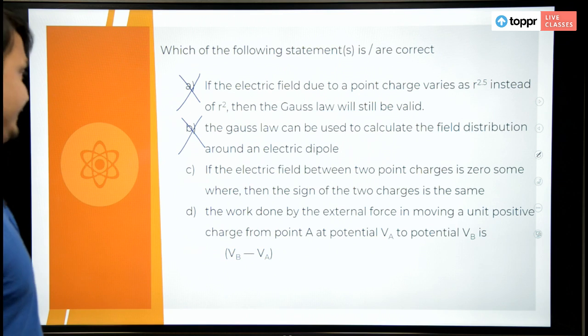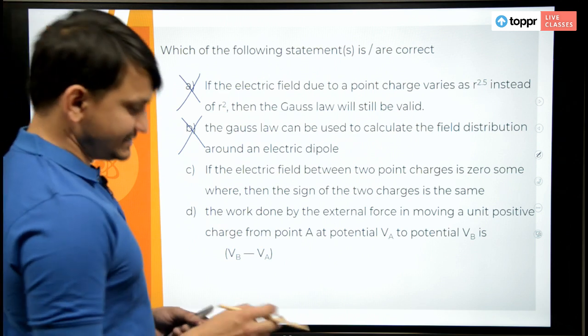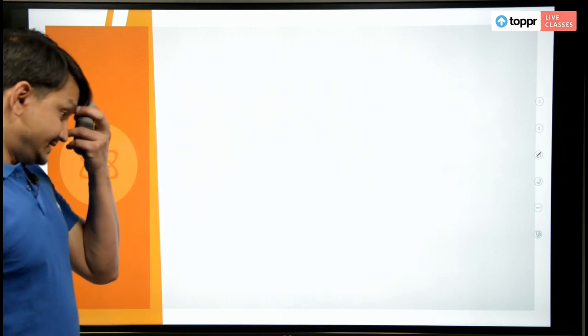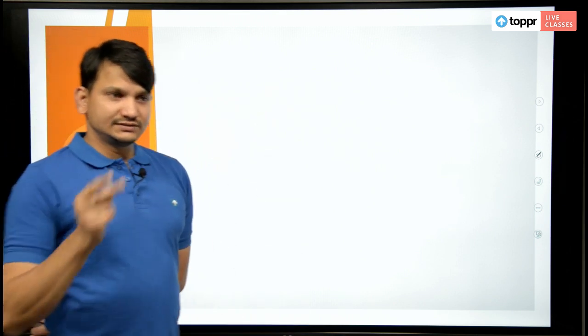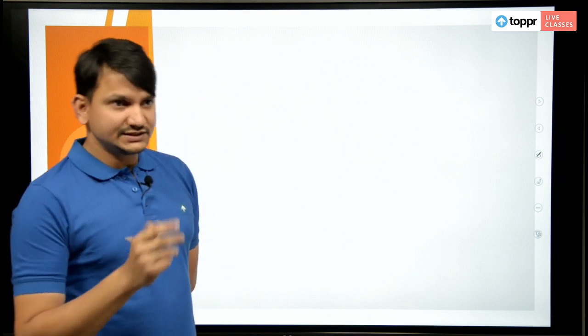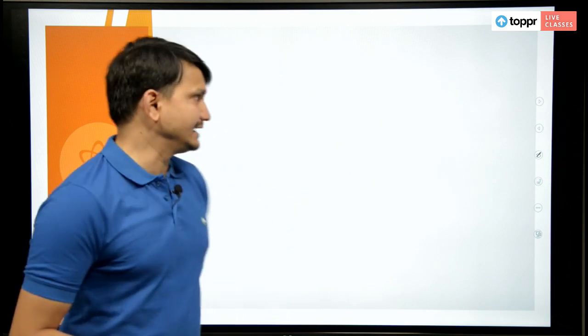If the electric field between 2 point charges is 0 somewhere, then the sign of the two charges is the same. Okay. Let us see. Consider two situations. In the first situation, the charges are of different polarity, meaning one is positive, another is negative.